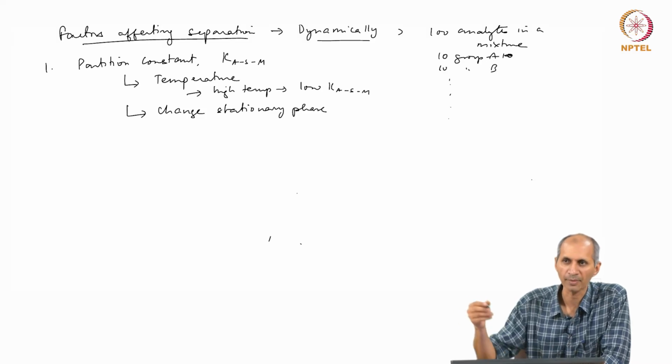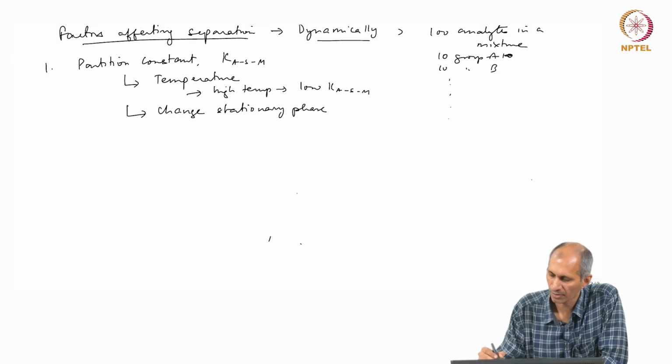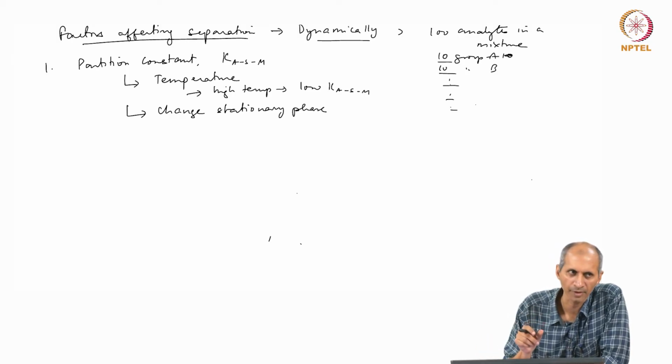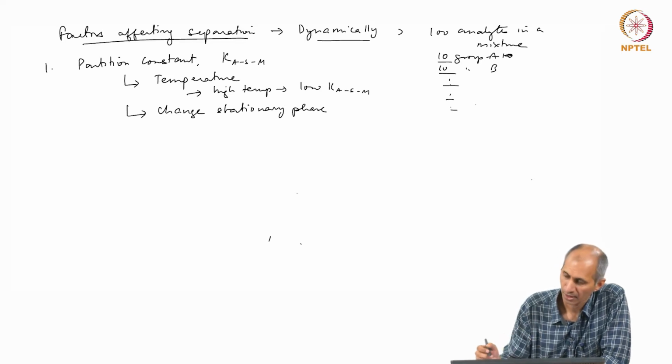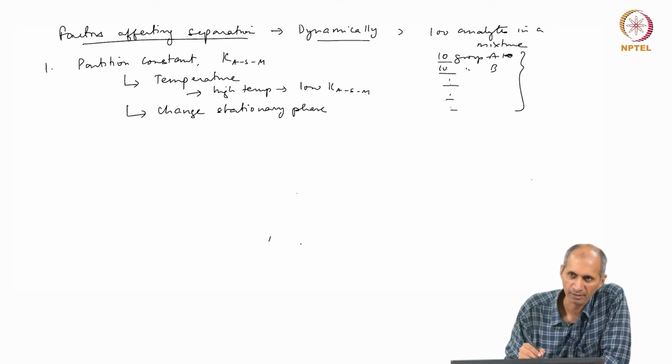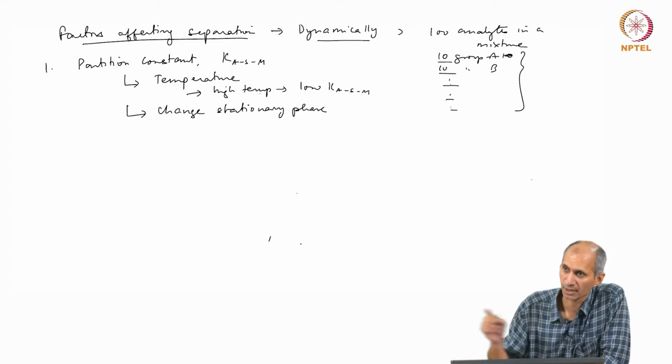There are different types of compounds, and you do not want to use the same set of conditions for all of them. You would like one at one partition constant, another at another, so you would like to operate at differing conditions of partitioning within a single run.